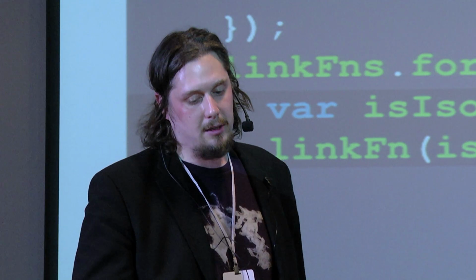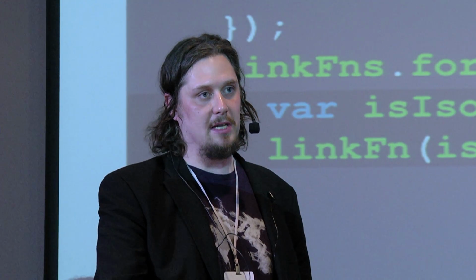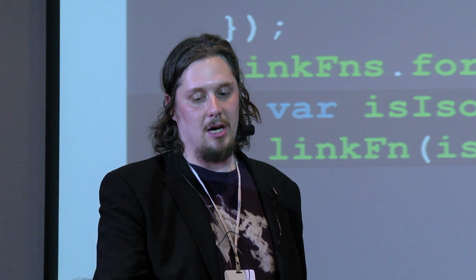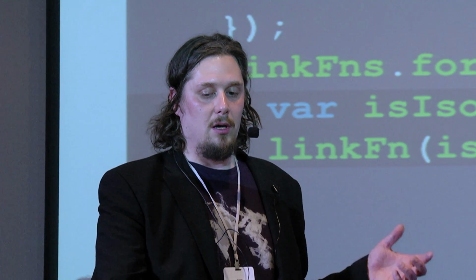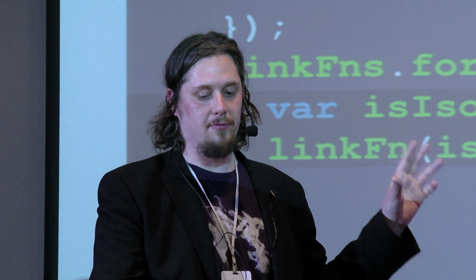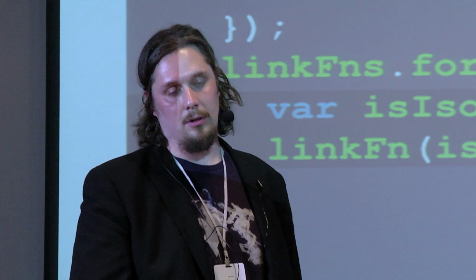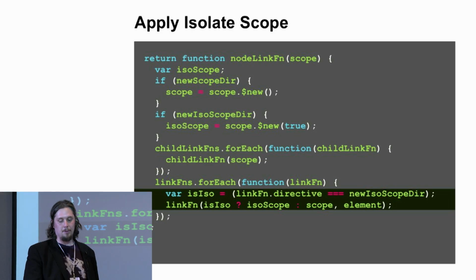We can compare those two values, because only in that case do we give that link function the isolate scope. Otherwise it gets the surrounding scope. So that is how you essentially isolate a single directive. This whole iso scope thing is used for exactly one directive and not anything else, none of the children, none of the other directives on the element.